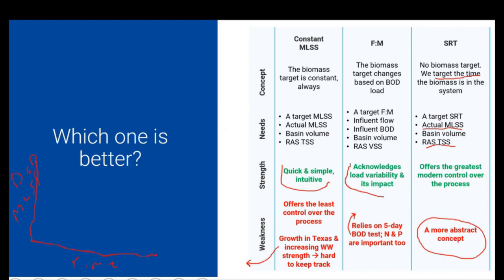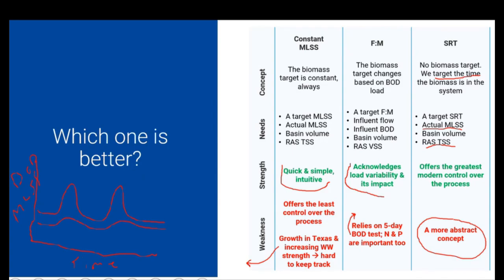If you were to go through time and your BOD did this, those are 2 slugs in there. If you were to hold the same SRT, say a 6-day SRT, what your SRT is going to do is take your mixed liquor and it's going to do something like this.